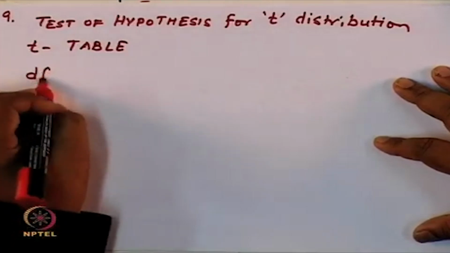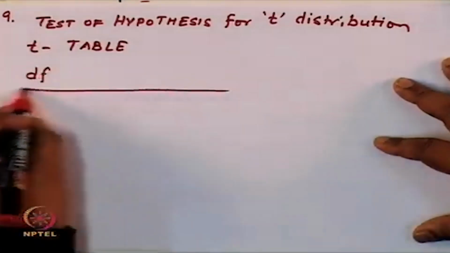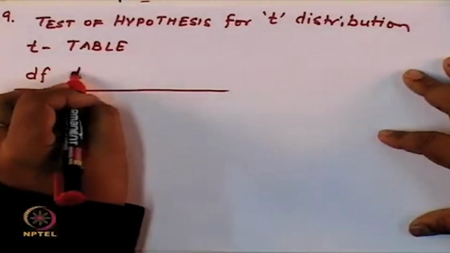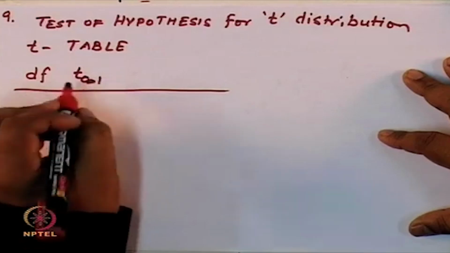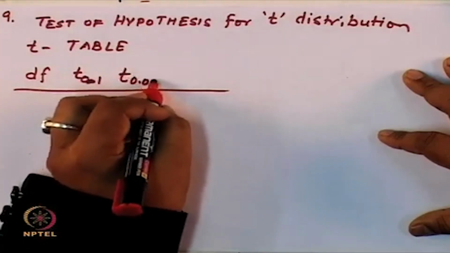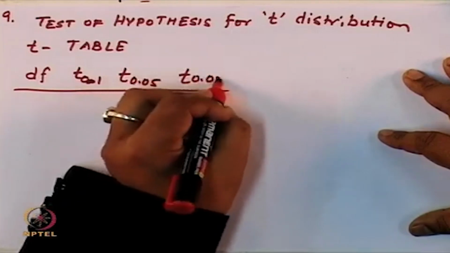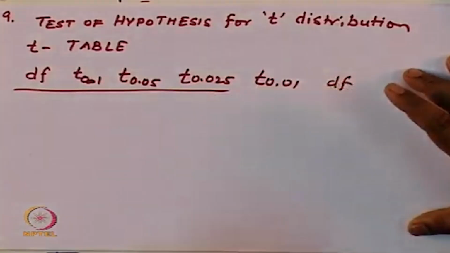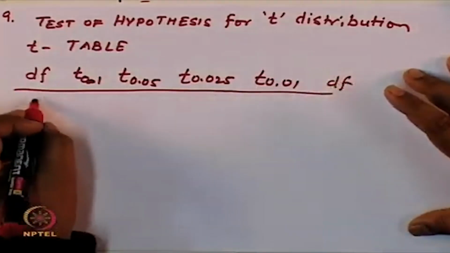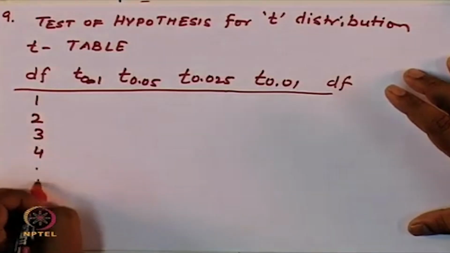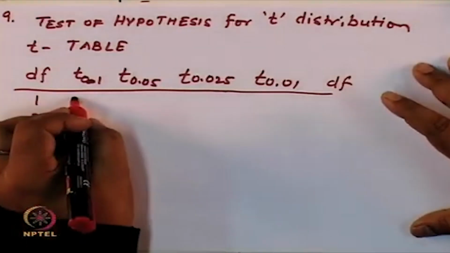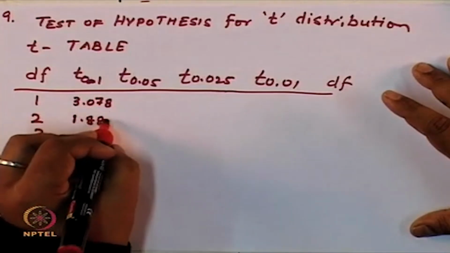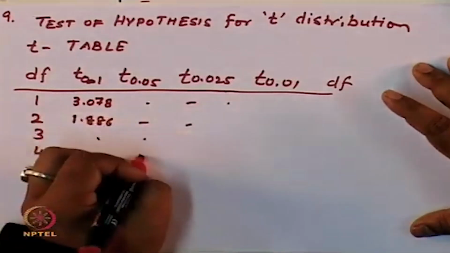You have something called df, or the degrees of freedom, and you have T of 0.1, T of 0.05, T of 0.025, T of 0.01, and again the degrees of freedom. The degrees of freedom has values 1, 2, 3, 4, and you have these values provided, and so on and so forth.